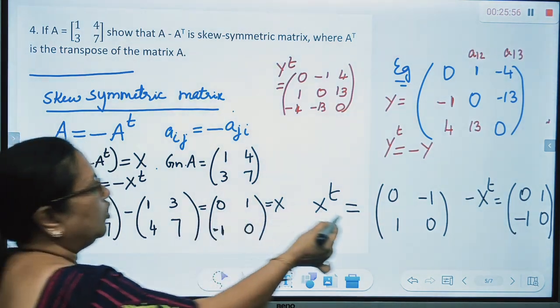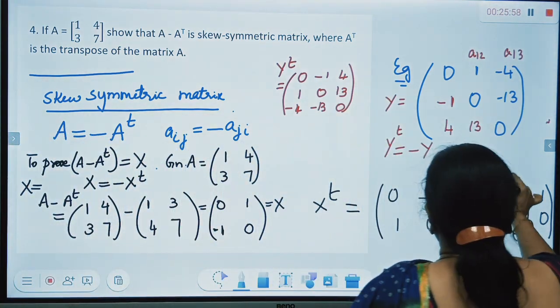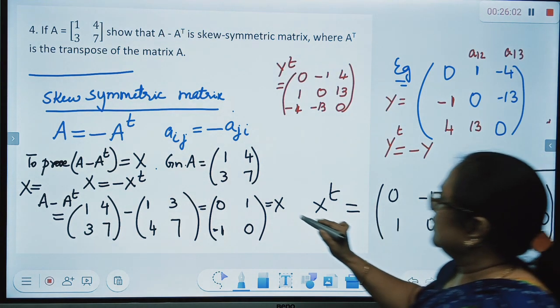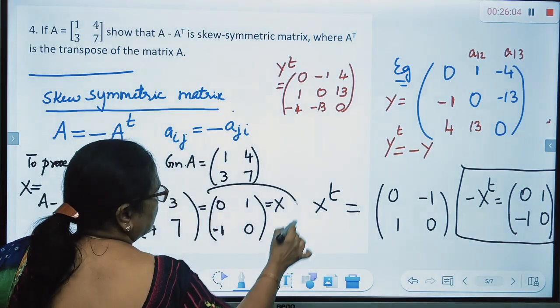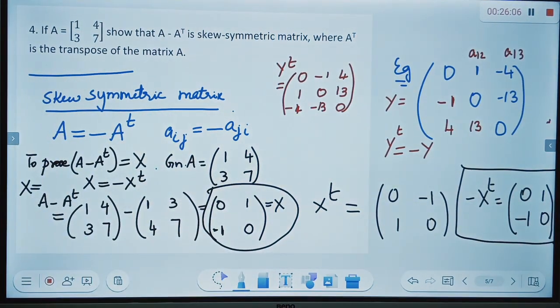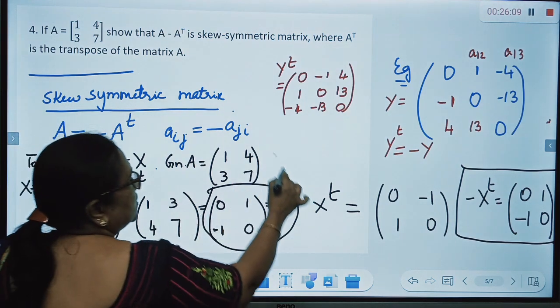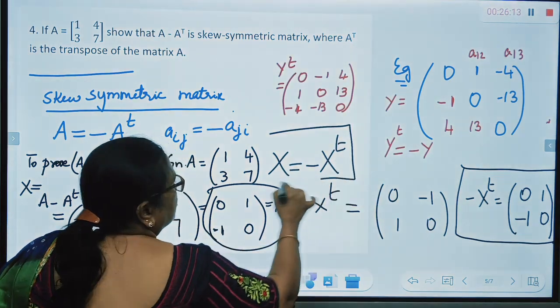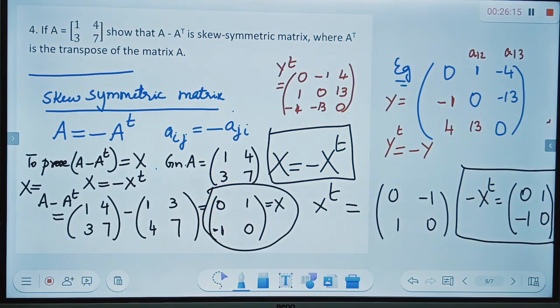So, is X equal to minus X transpose? This is your minus X transpose and this is your X. You can see that X is equal to minus X transpose. Therefore, what sort of matrix is A minus A transpose? A minus A transpose is a skew symmetric matrix.